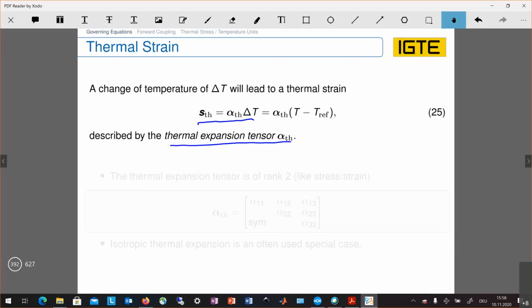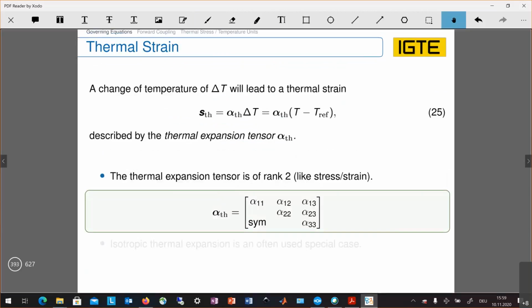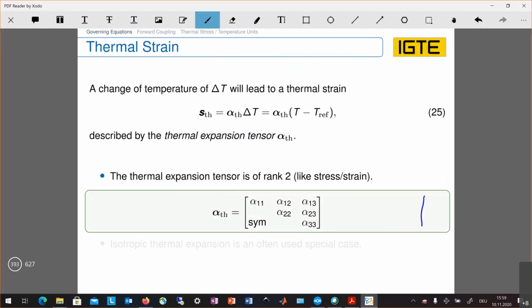And for the simplest case, this alpha is the same for all the three coordinates, so for the x, y, and z direction. And it can also be very general, as written here, that we have different entries for the different directions.